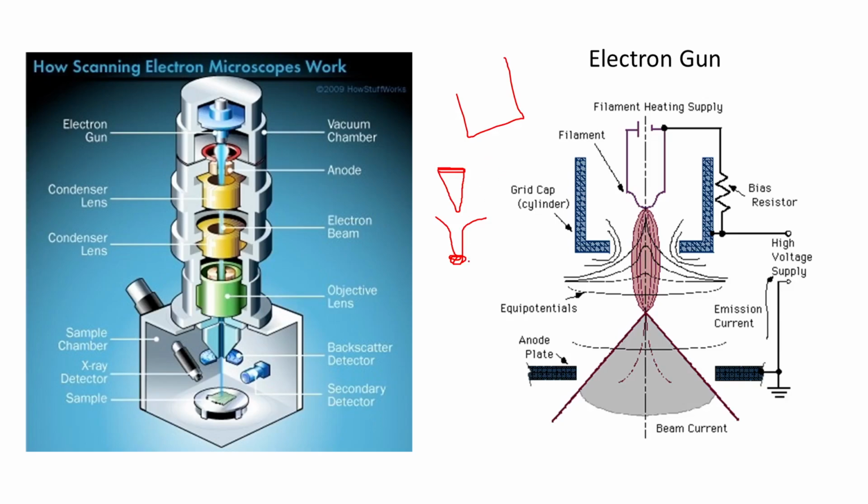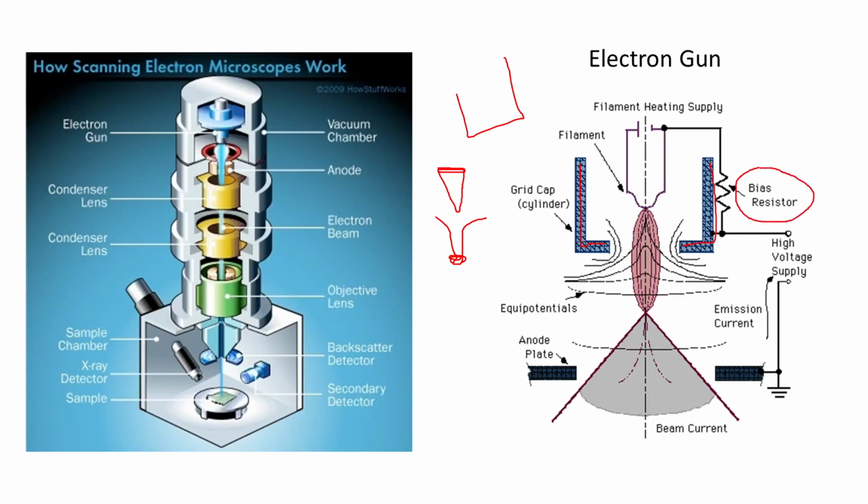This is usually U-shaped or pin-shaped. If the provided energy is higher than the work function of this metal, then the electrons will get emitted from this filament. Then we have these grid caps on both sides which are connected to this bias resistor.